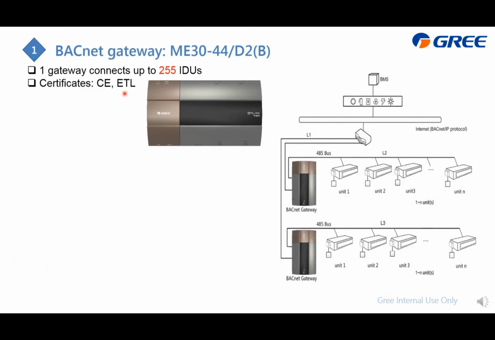If the BMS protocol is BACnet, you need to apply this ME30 to change the Modbus from the wire controller or from the indoor unit to BACnet. And the wiring is already introduced just like this. This is the RAC free match or U match.